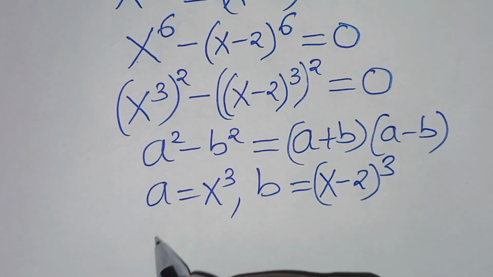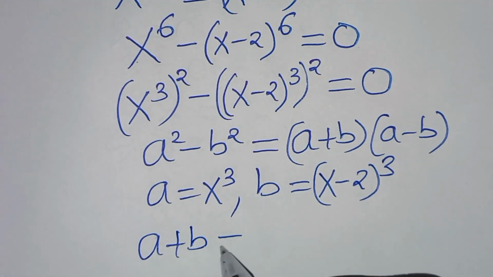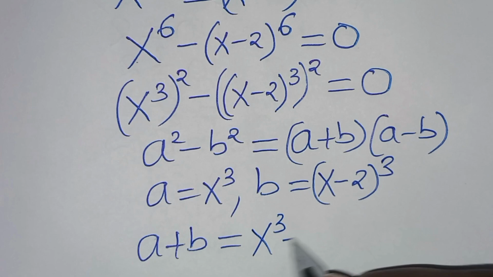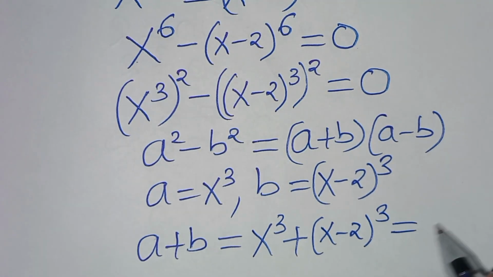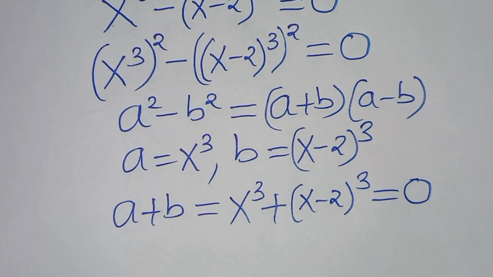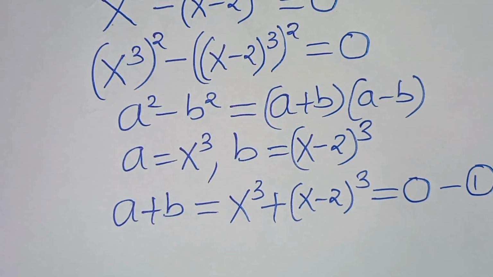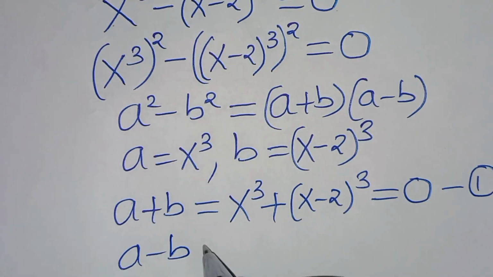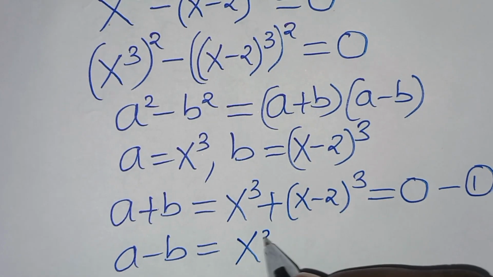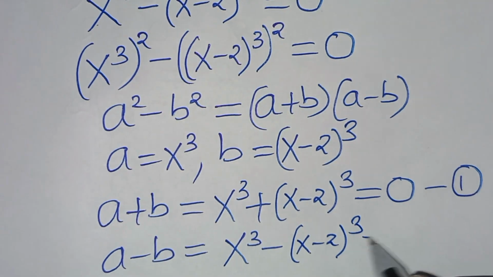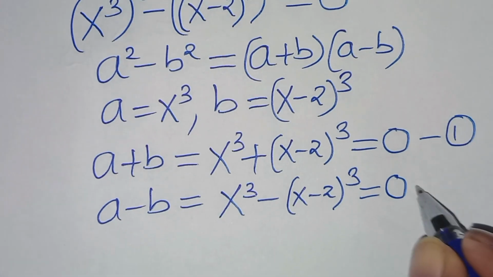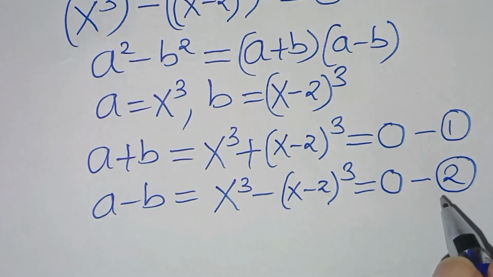This implies that a plus b is x to power 3 plus (x minus 2) raised to power 3, equal to 0. Let's call this equation 1. We have that a minus b is x to power 3 minus (x minus 2) raised to power 3, equal to 0. Let's call this equation 2.